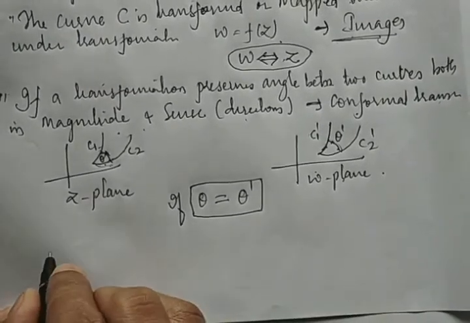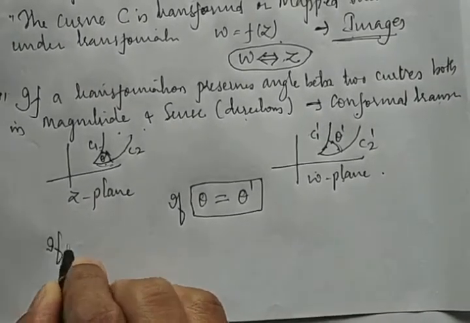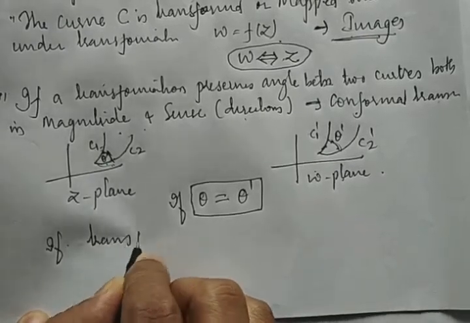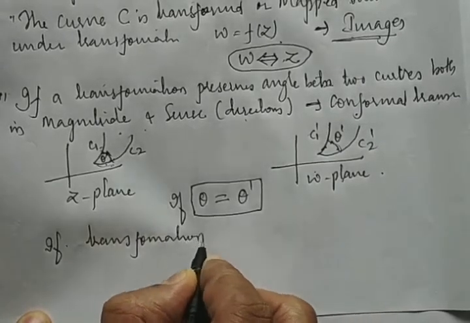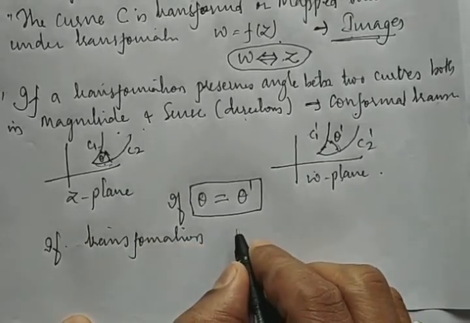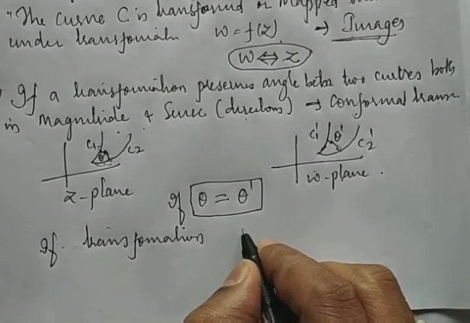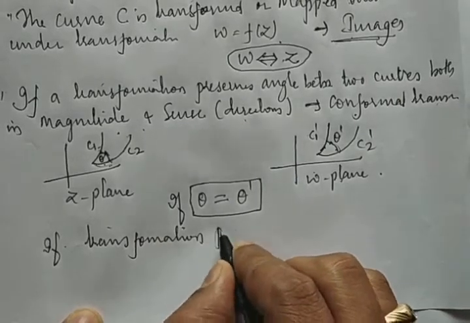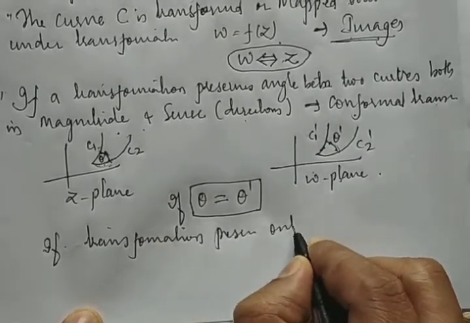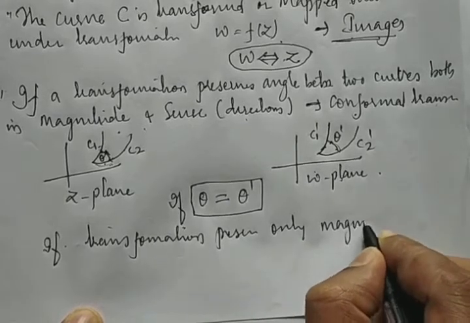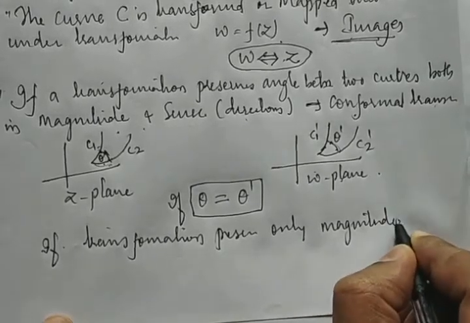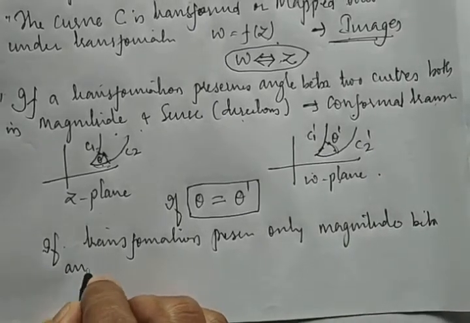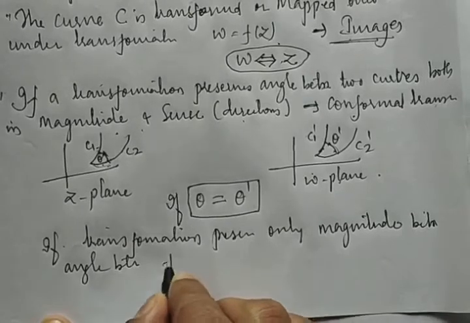Suppose the transformation preserves only magnitude but no direction of the angle between two curves.